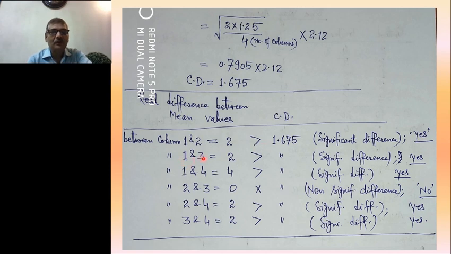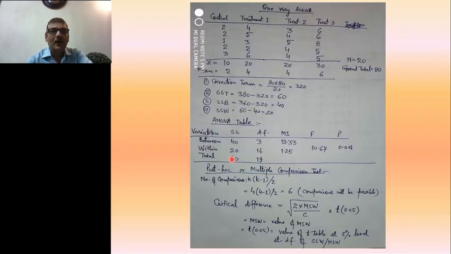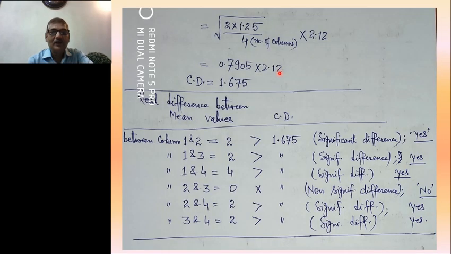Likewise, between 1 and 3, the real difference is 2, and the critical difference that has come is 1.675. So this real difference is more than the critical difference, so we accept that yes, difference exists.